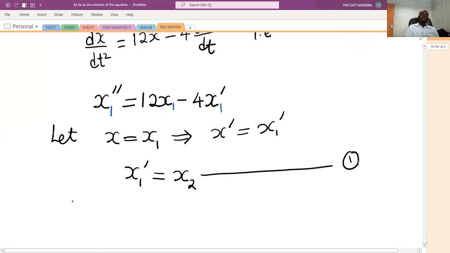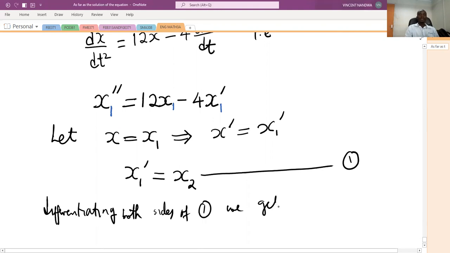So differentiating both sides of equation 1, we get x1 double prime equals x2 prime. I'll call this one star.